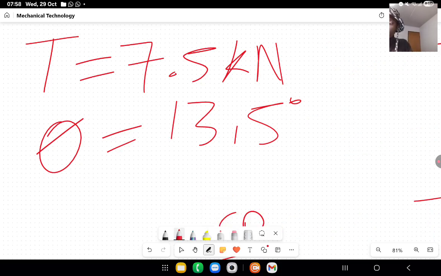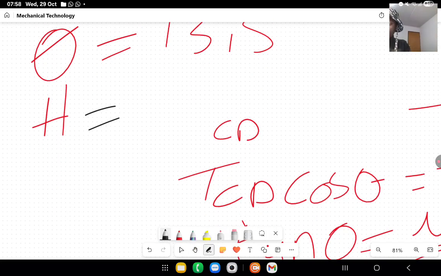After that, we get the height, which was 0.6.